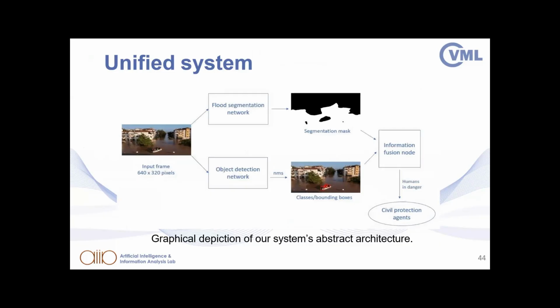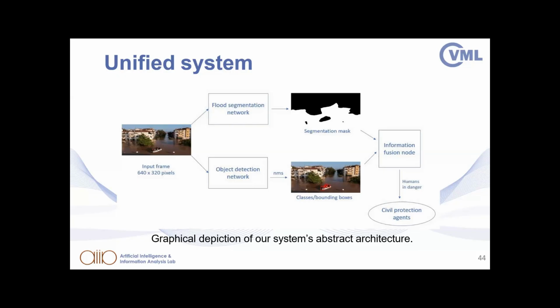Here we see the architecture of our unified flood monitoring system, and it combines the flood segmentation network and an object detection network. First, the input frame, which is a video frame or image, is processed by the flood segmentation network.